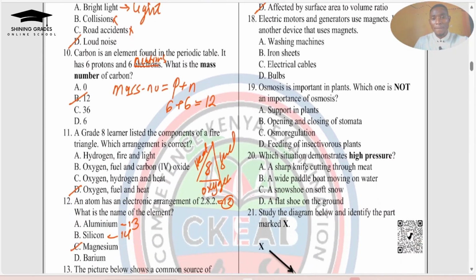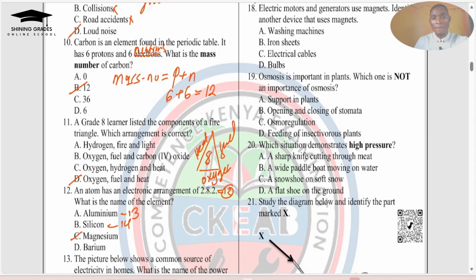Question 18. Electric motors and generators use magnets. Identify another device that uses magnets. We have washing machines, iron sheets, electrical cables, and bulbs. Washing machines are another device that uses magnets, because of the motor, they have a motor that moves around.